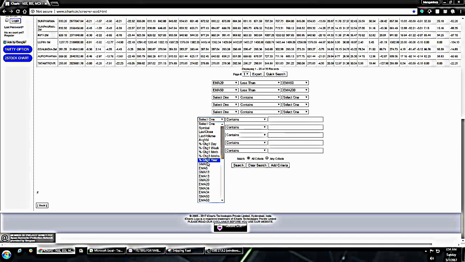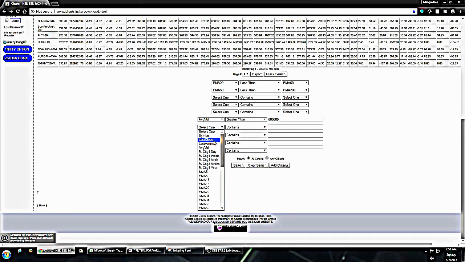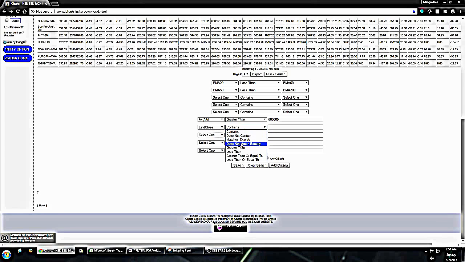Average volume should be greater than 5 lakhs, and the last close should be greater than 100.